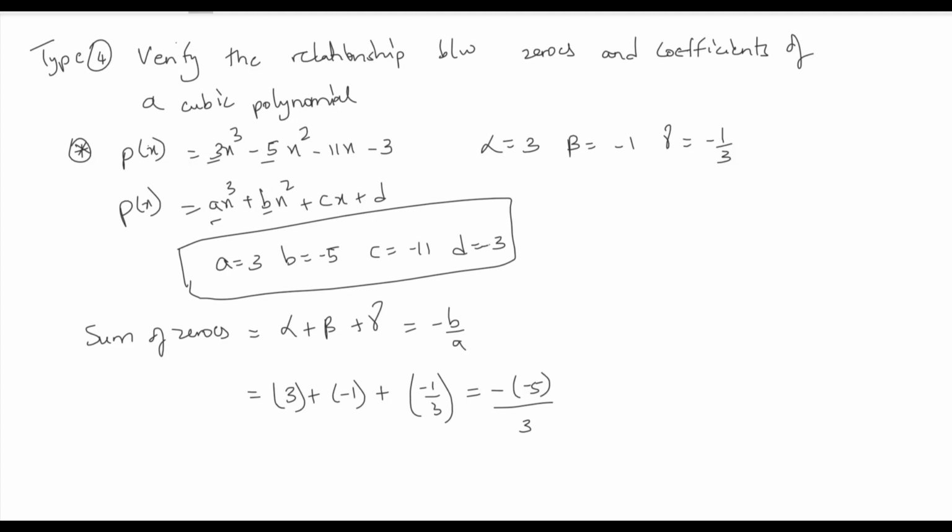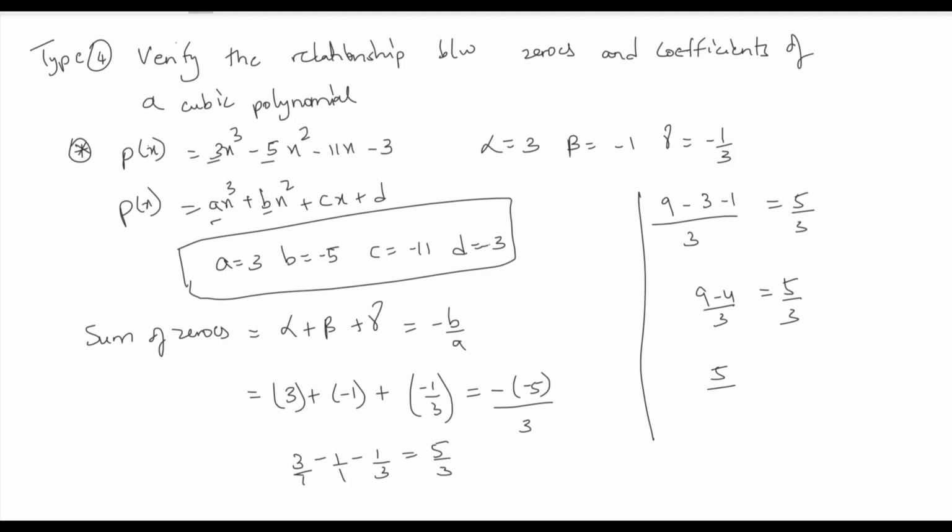On further solving, you will get 3 -1 -1 by 3, 5 by 3. Therefore, on further solving, the LCM will be 3 and this will be 9 minus 3 minus 1, which is equal to 5 by 3. Therefore, 9 minus 4 by 3 equal to 5 by 3. That is 5 by 3 equal to 5 by 3. Hence, the sum of the zeros is verified.